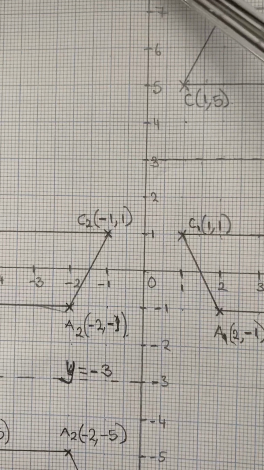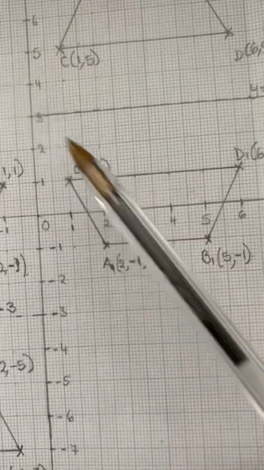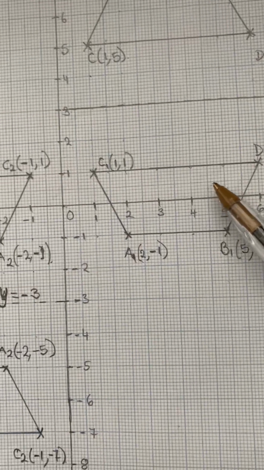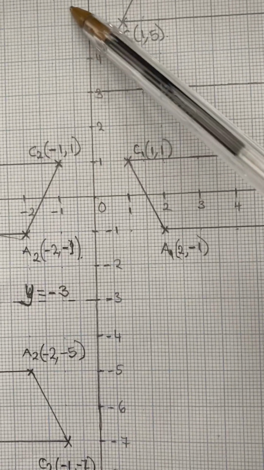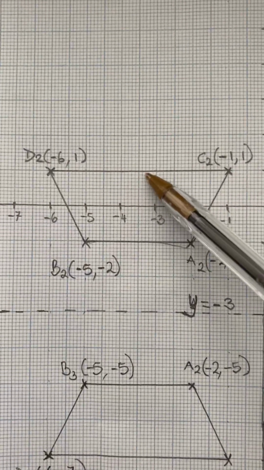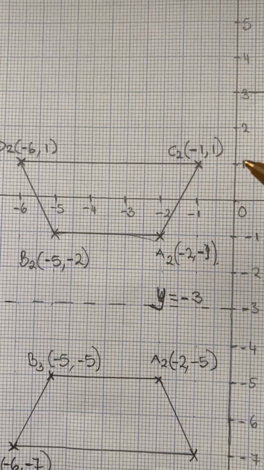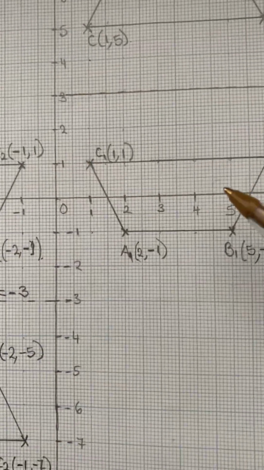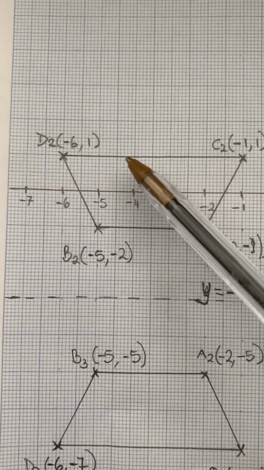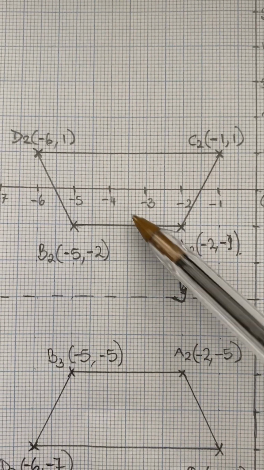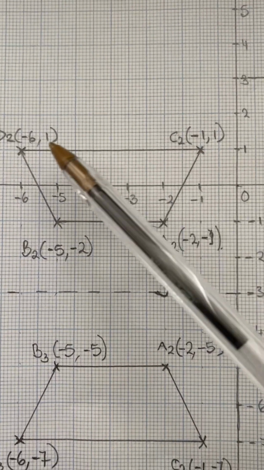Okay, so this is the line x equals 0. This is the image. So I'm going to reflect this image using this line to create a new image. Okay, so now this becomes my object, and I'm going to create a new image A2, B2, C2, D2.